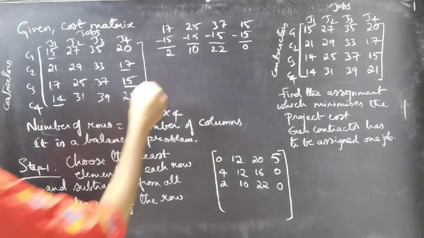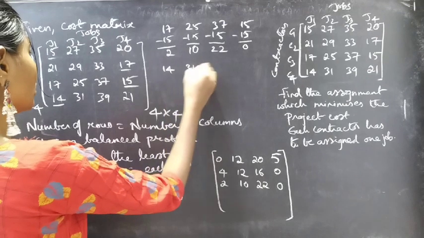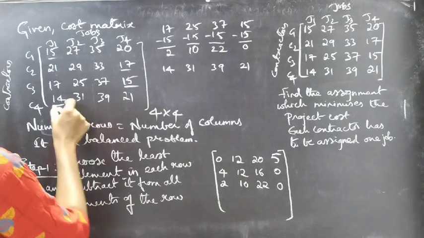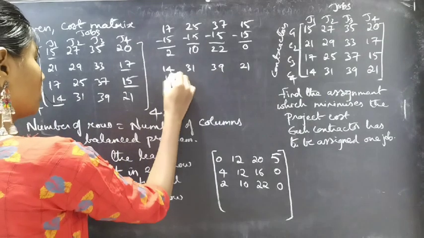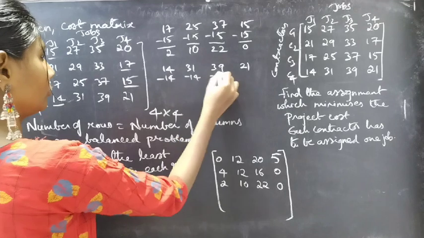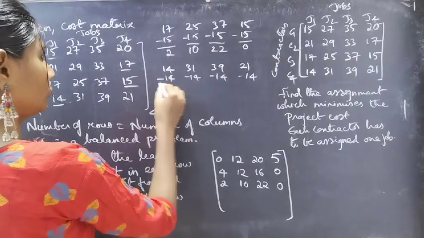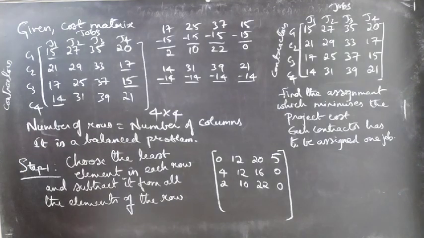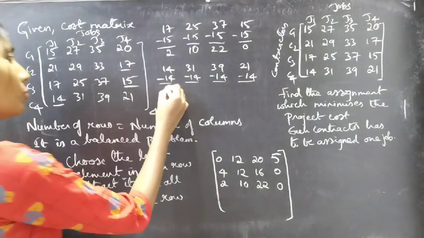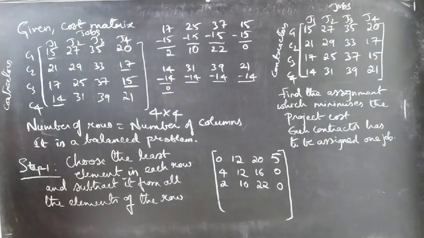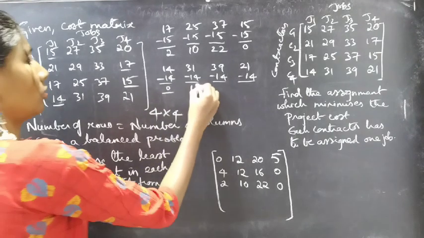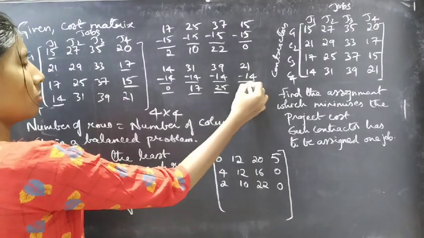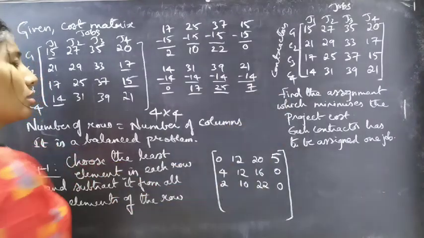Now coming to the last row, 14, 31, 39, 21. We have to subtract 14 from all these entries. 14 minus 14 is 0, 31 minus 14 is 17, 39 minus 14 is 25, 21 minus 14 is 7, right?